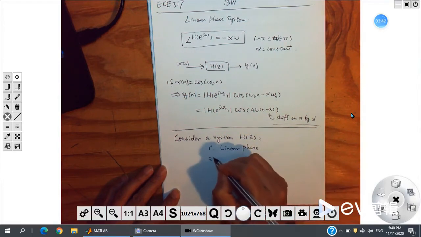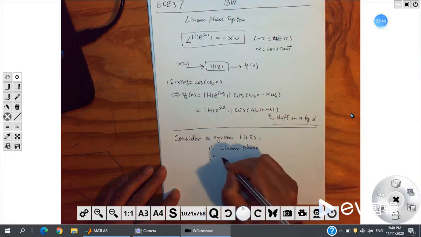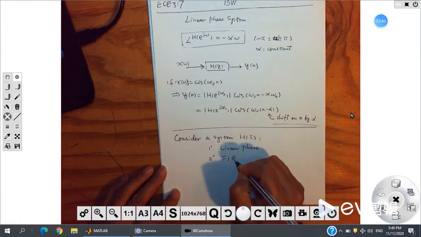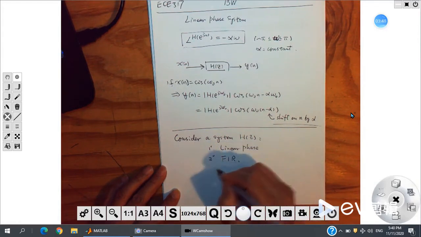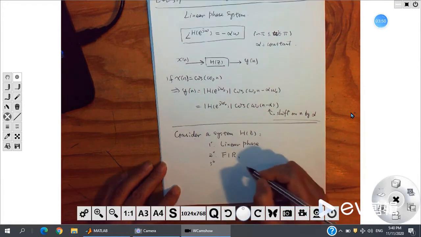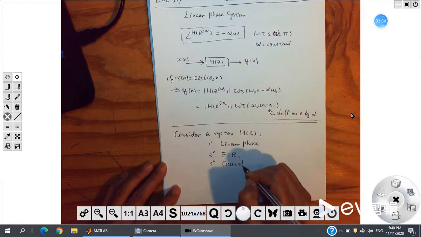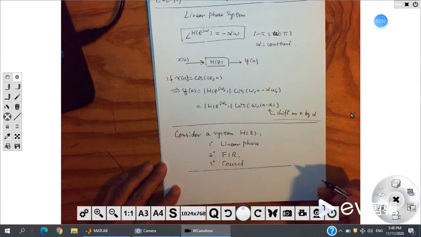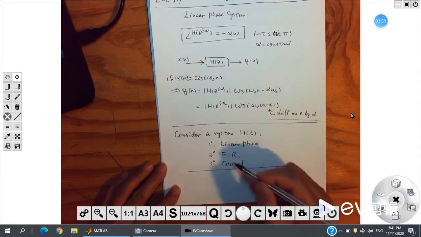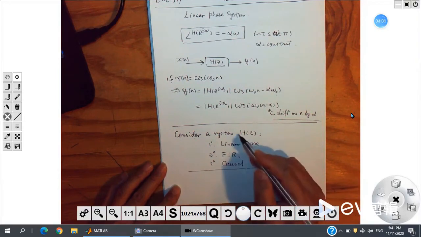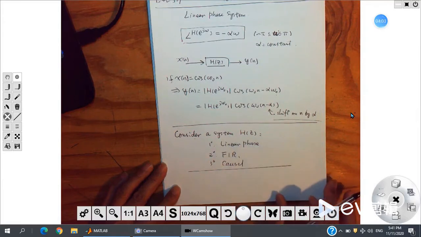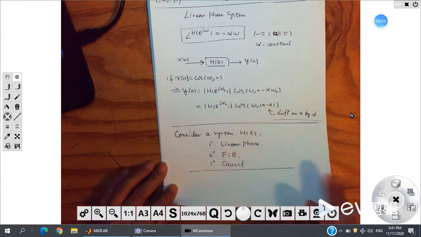But secondly, we want more. We want this to be an FIR filter, and the third one, we want it to be a causal one. We want these three: it's linear phase, it's FIR, it's causal. Then what will be the feature of this filter? We want to find the feature of this filter.